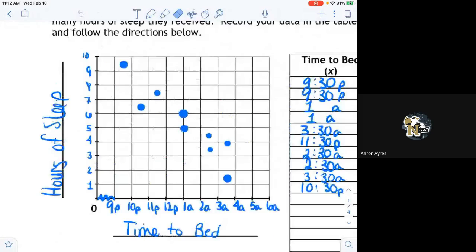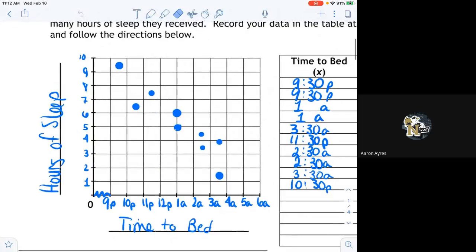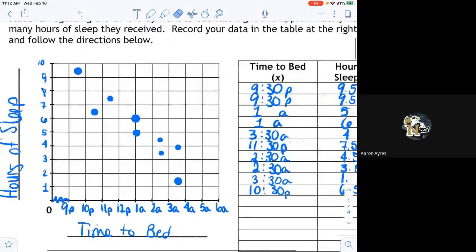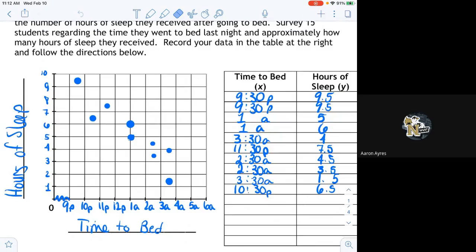I'll just pull up third period's from yesterday. All right, so here's third period's graph from yesterday. You can see, let's get that over just a little bit so you can see the data table also. See how everybody's data looks, even the people that went to bed in the wee hours of the morning.